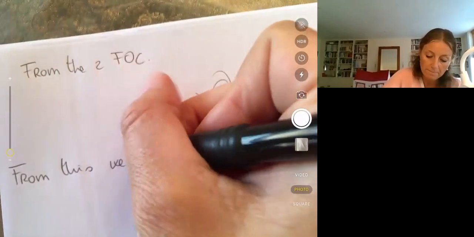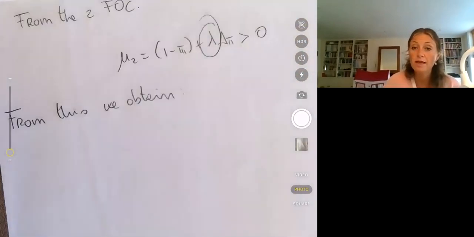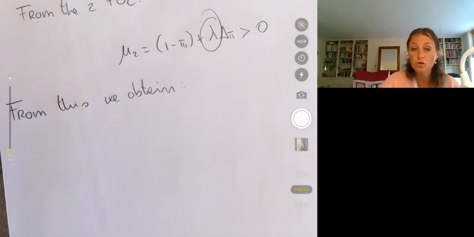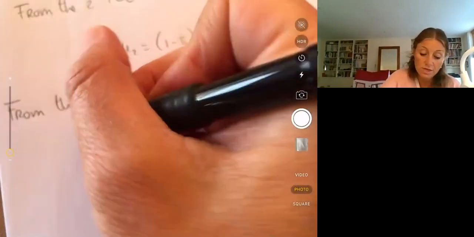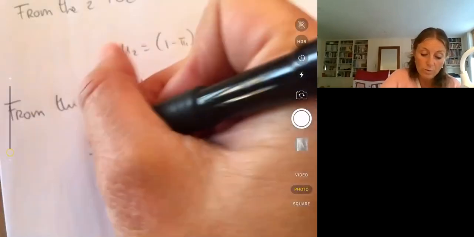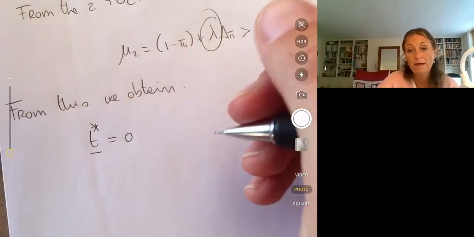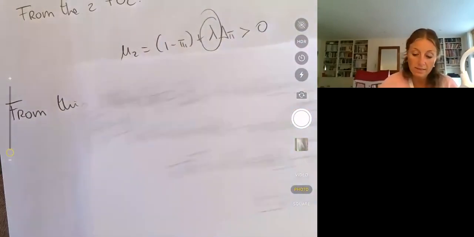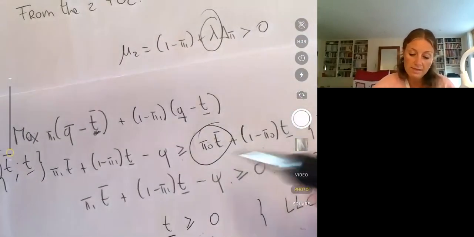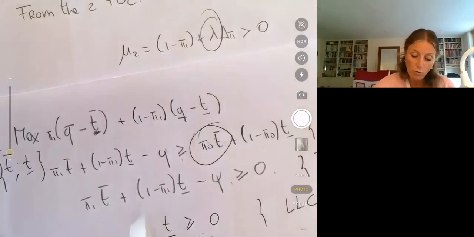So from this, we obtain that the optimal contract that the landlord should offer to the tenant is going to be given by T lower bar equal to 0. And we introduce this in the incentive compatibility constraint, and what do we get?